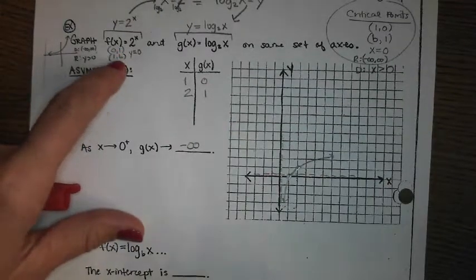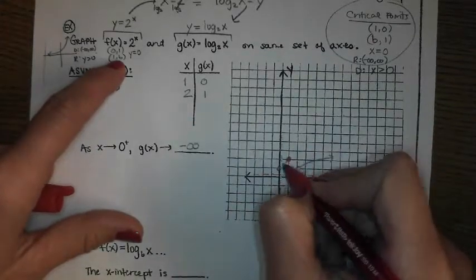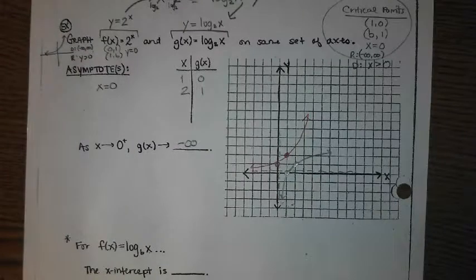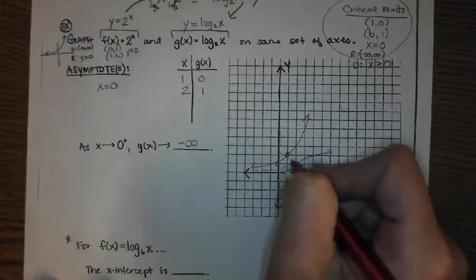And the points are 0, 1, and 1, 2. The reason I was going to have you do this was to illustrate the symmetry that those two inverses have with each other. Do we see it? Symmetry across the line y equals x.